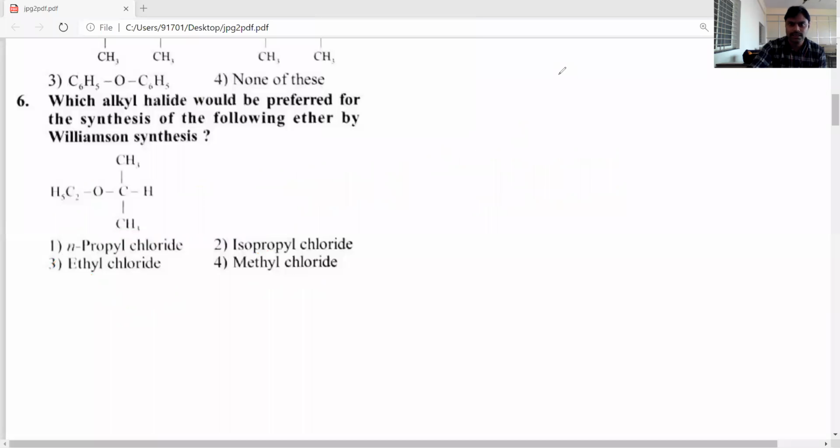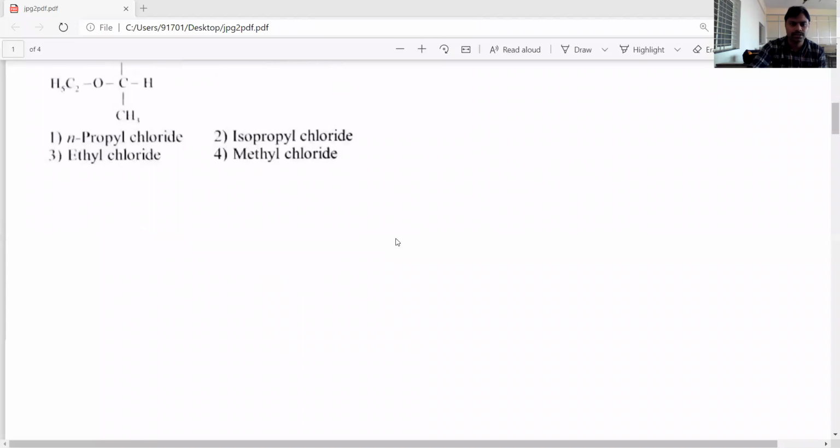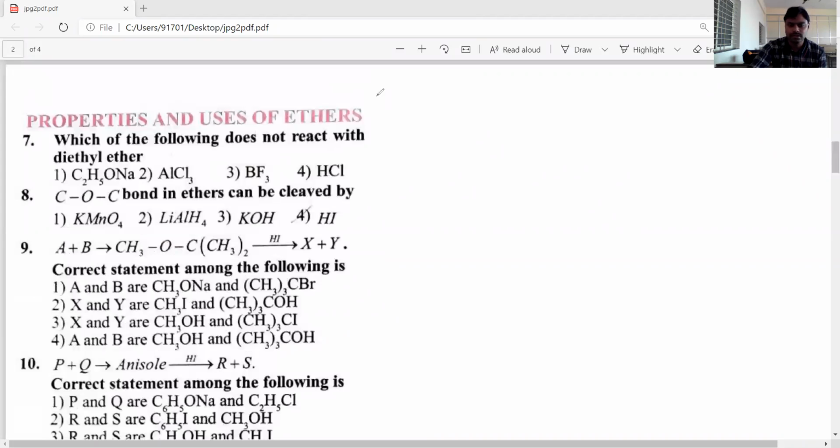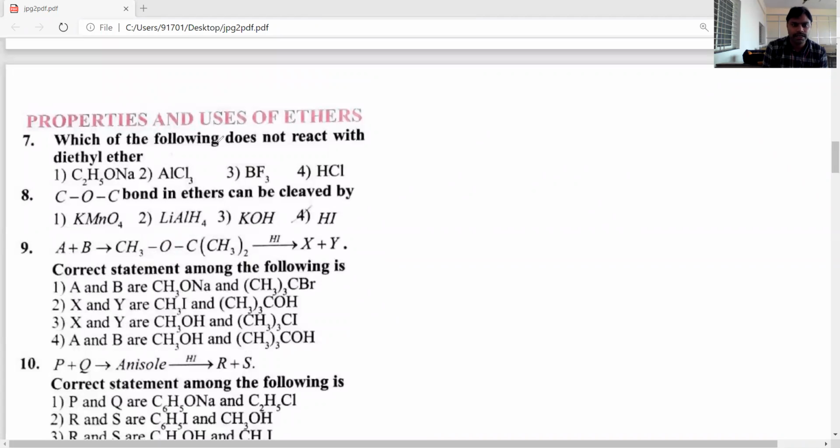Okay, let's see the next question, the seventh question: which of the following does not react with diethyl ether? Diethyl ether has C2H5 and C2H5 groups. Here oxygen has lone pairs. AlCl3 or BF3 are Lewis acids.